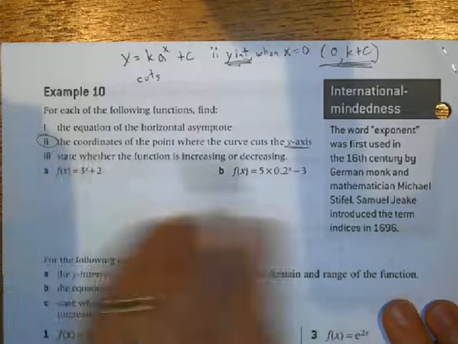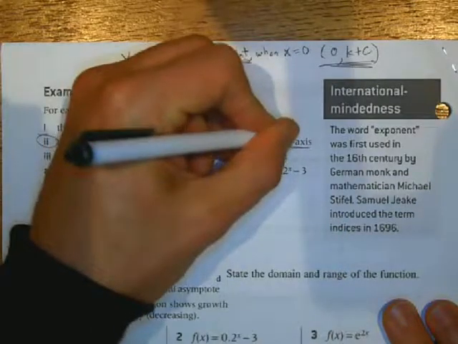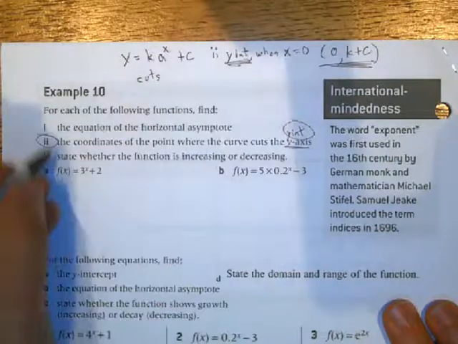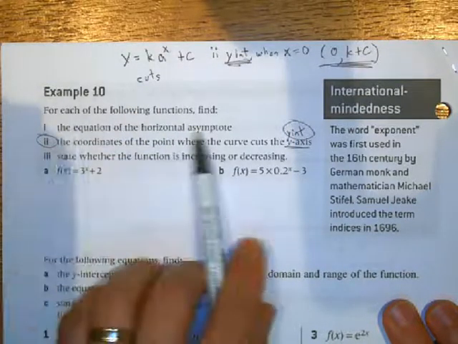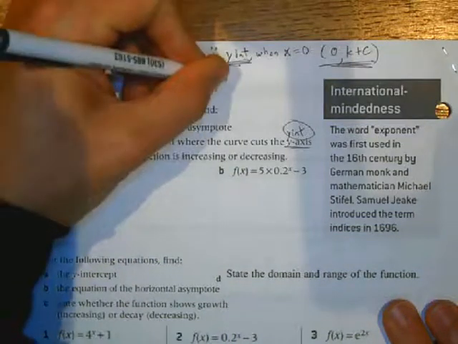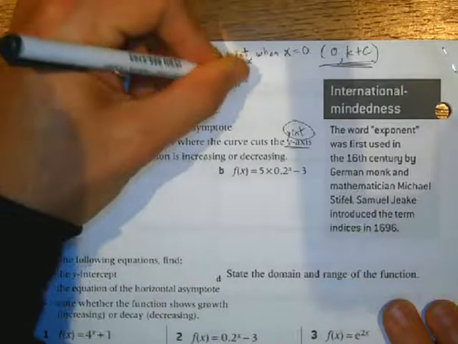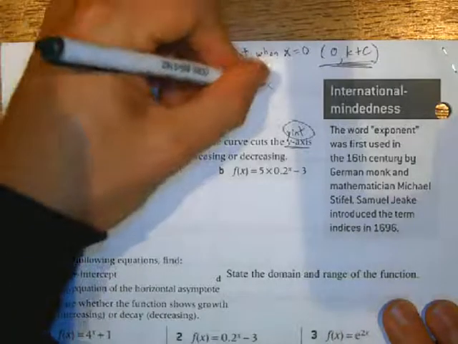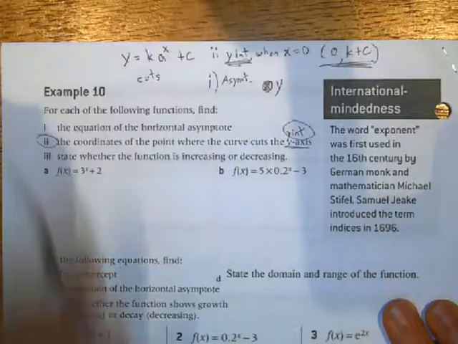It cuts the y-axis at the y-intercept. Okay. The equation of the horizontal asymptote. So we learned on the previous page that the horizontal asymptote is when y is equal to the value c.